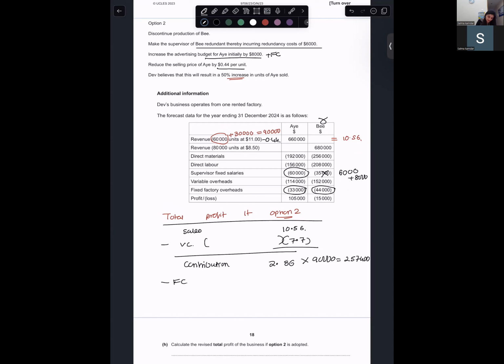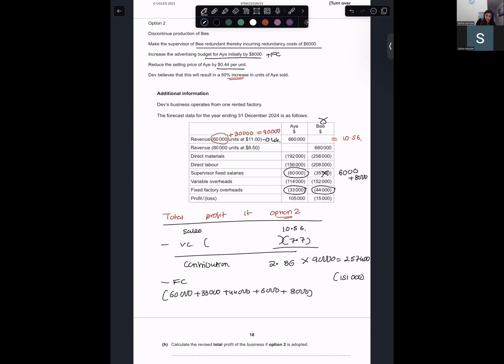So the total fixed cost would be 151,000.